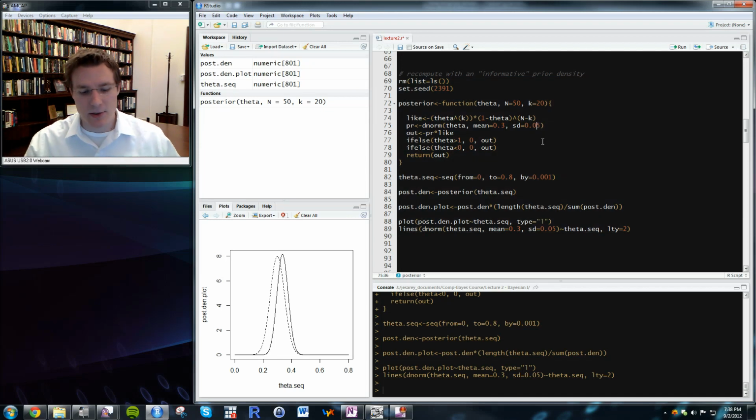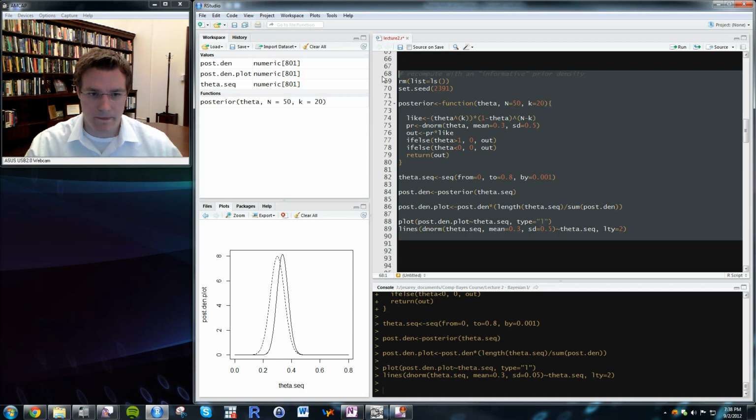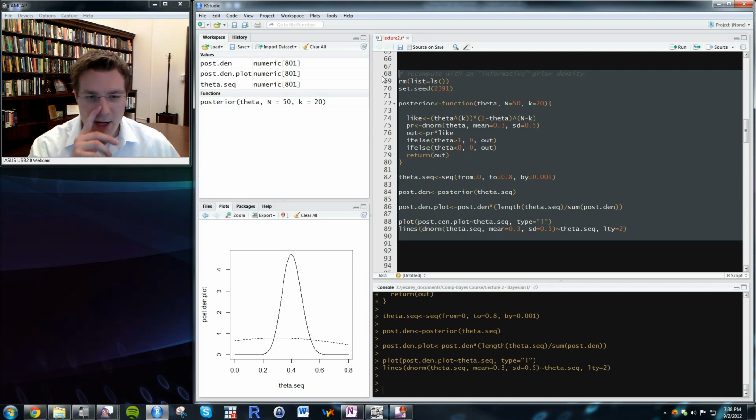If I get less certain, so if I set this to, say, 0.5, so I'm going to set both of these to 0.5, now you can see my prior is much more spread out. In fact, it does cover areas of theta that are not inside the interval, and so in that sense, it's not the best choice for a prior, but nevertheless, you can see I've got a distribution over 0.0 to 0.8 there.